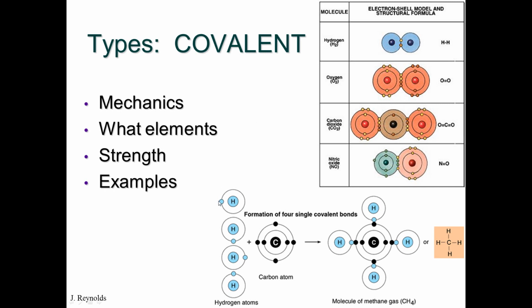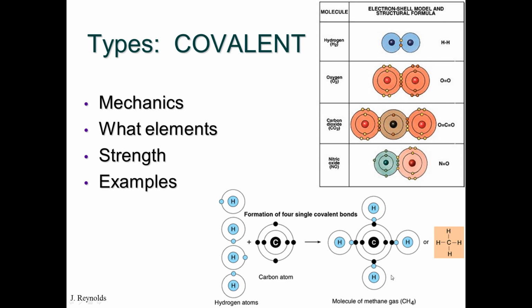It's sharing the hydrogen electrons, so it thinks it has 5, but it needs 3 more. Well, let's stick 3 more hydrogens around the area. Okay, so now each one of these hydrogens is sharing one of these electrons that you see in the second shell of carbon. And the carbon is sharing 4 hydrogens, plus it had 4 of its own, so it's got 8 in the second shell.